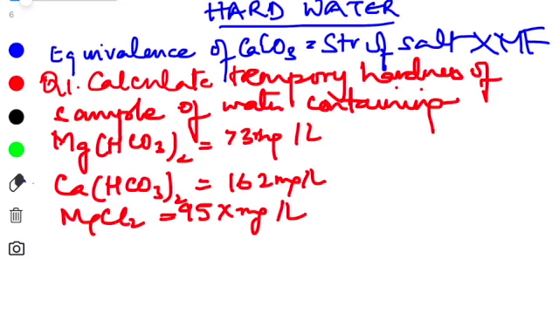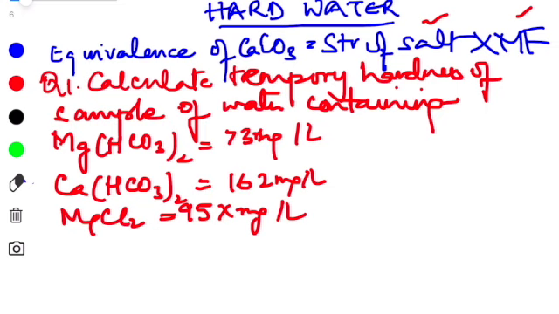And the second reason was that it is one of the most insoluble salts in water, so it's easy to precipitate out of water and doesn't participate in the hardness, right? And to convert the hardness into the equivalence of calcium carbonate, we use a mathematical expression, that is strength of the salt multiplied by the multiplication factor.